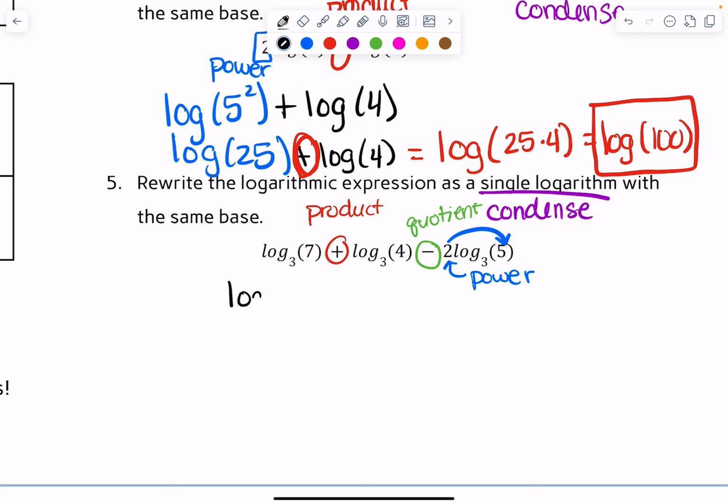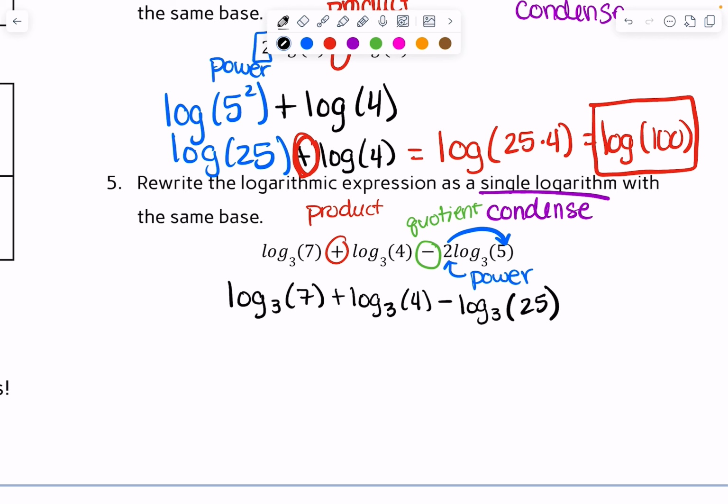So we'll have the log base 3 of 7 plus the log base 3 of 4 minus the log base 3 of 5 squared. Or if you're doing multiple steps at the same time, we can also just immediately say, oh, well, we know that 5 squared is 25. From here, I still need to do both my product property and my quotient property.